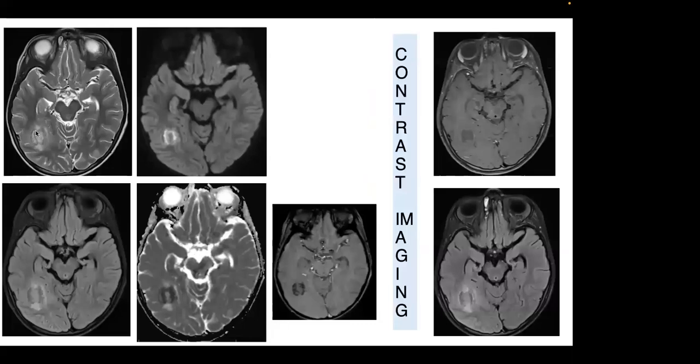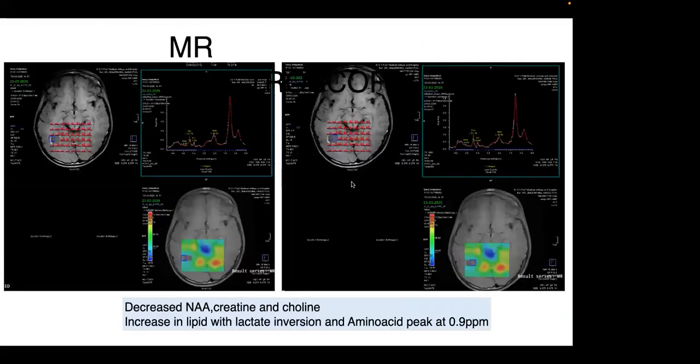Initial imaging: we had this focal lesion in the right posterior temporal lobe, which had areas of microhemorrhagic foci along the periphery, restricted diffusion along the periphery, and some very minimal enhancement of the walls. So we suggested the possibility of a fungal infection at that point of time.